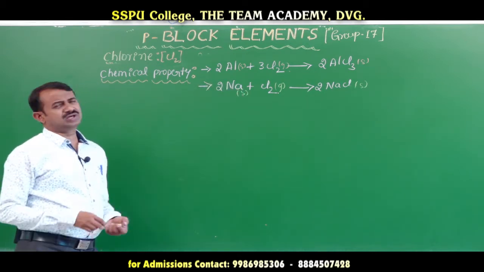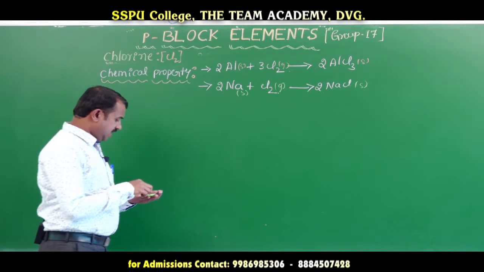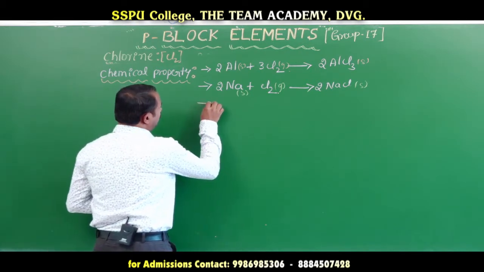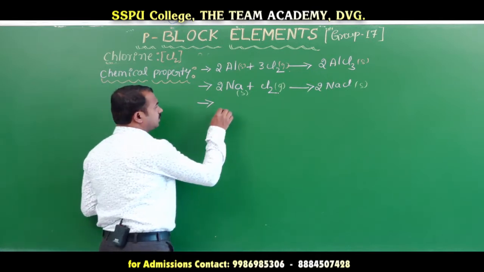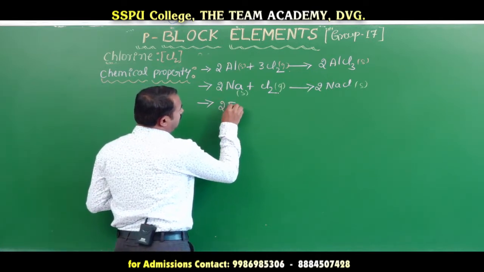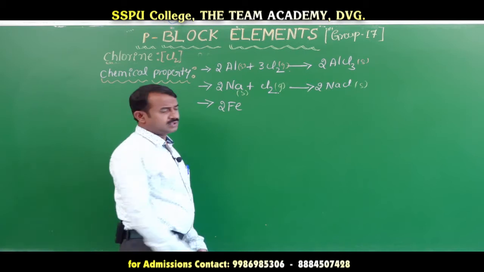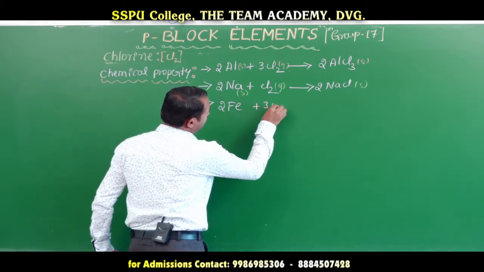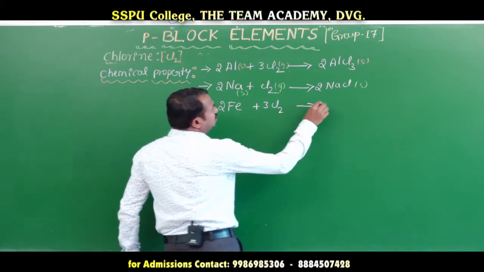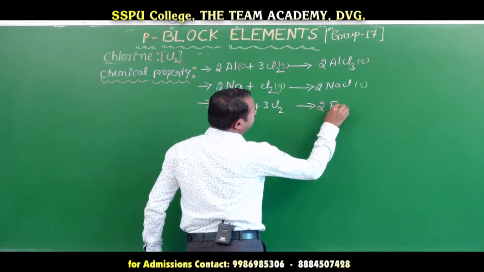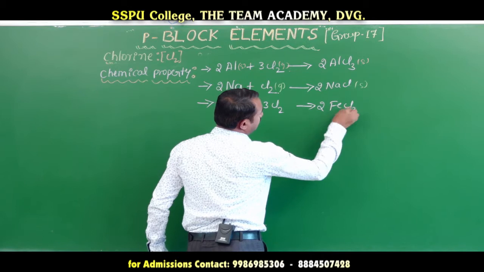This is one of the same properties. Next one: when chlorine reacts with iron, the solid and gas form ferric chloride.